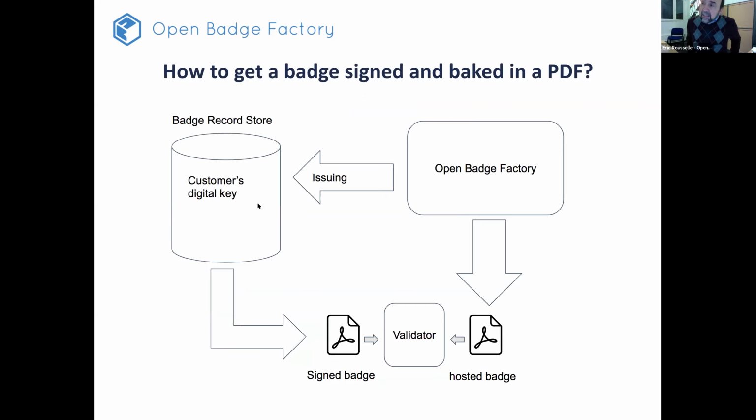You can basically have PDF badges which are signed, and PDF badges without digital signature. So we are quite serious with this signature question, meaning that if you want to get your badge signed, you need to have what we call a badge record store.